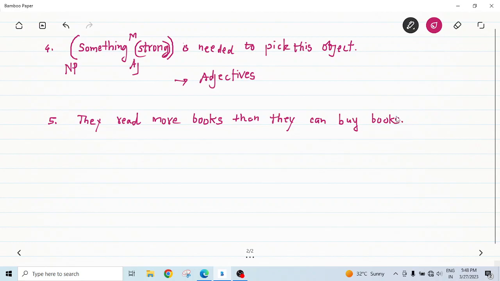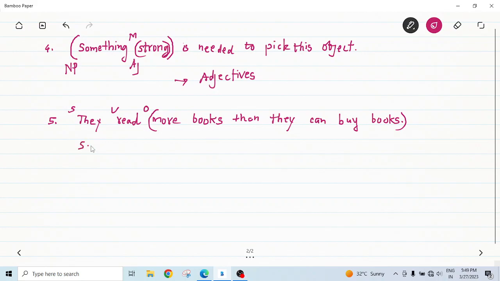If you concentrate on the basic sentence pattern of this clause, about which I have made a separate video, you will see that they is the subject here and read is the verb here, and something from this to this is a noun phrase which functions as object in this sentence or clause.